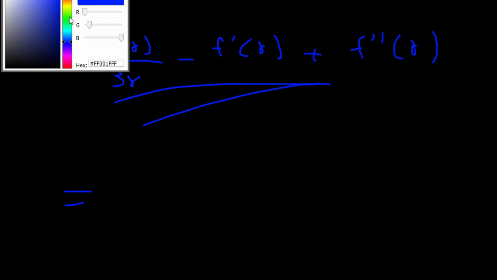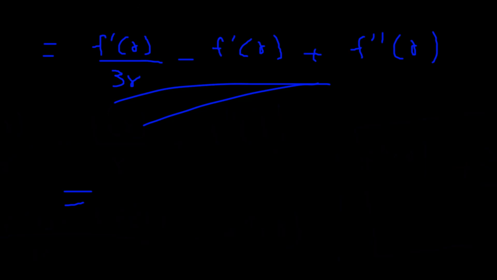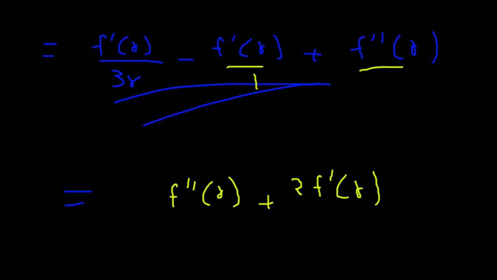Let's just change the color. Let's just have some light color. This thing will become f double dash r. And when we take the LCM of this, it will be, I guess, yeah, 2 f dash r by 3r.